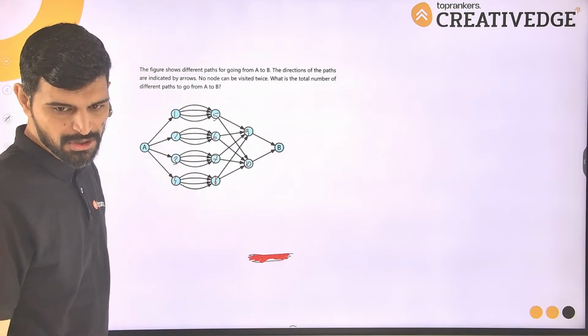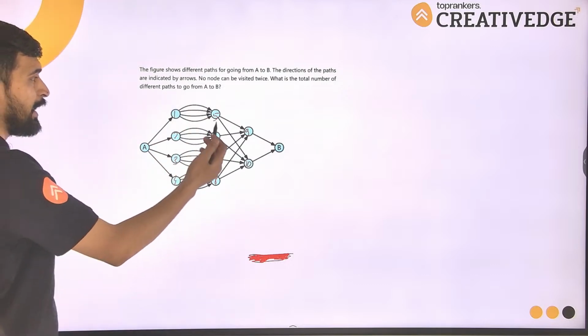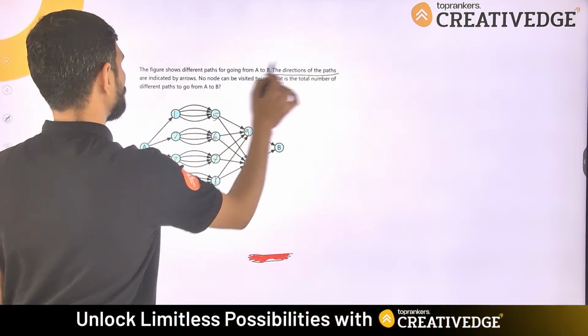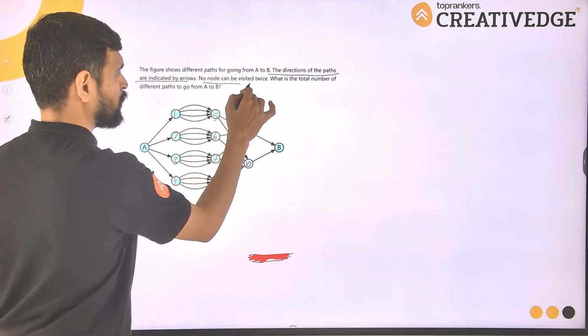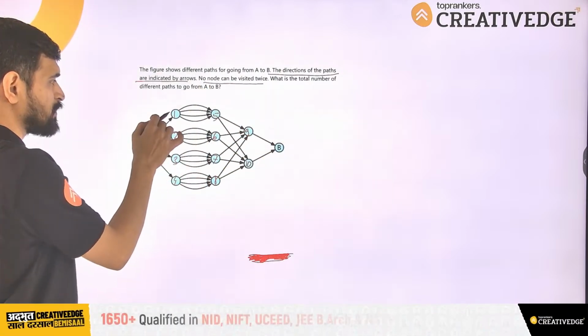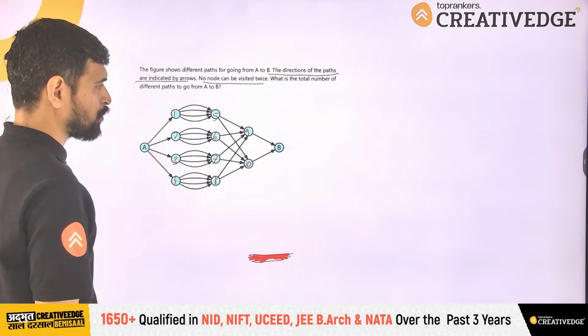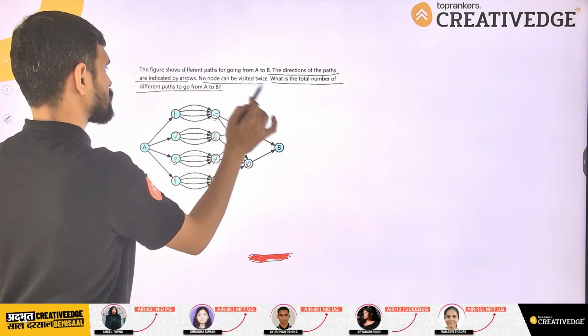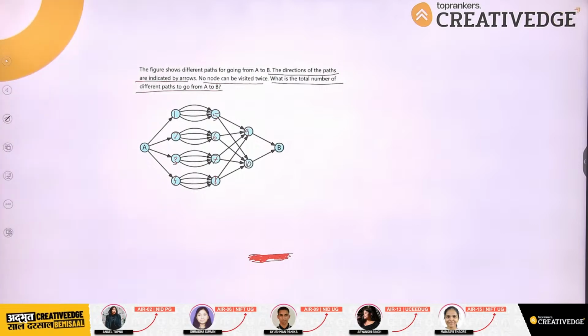Vice versa is not possible. So based on that, you have to find out that the directions of paths are indicated by arrows. No node can be visited twice. So if I have visited node 1, I will not be visiting node 1 again. What is the total number of paths to go from A to B?